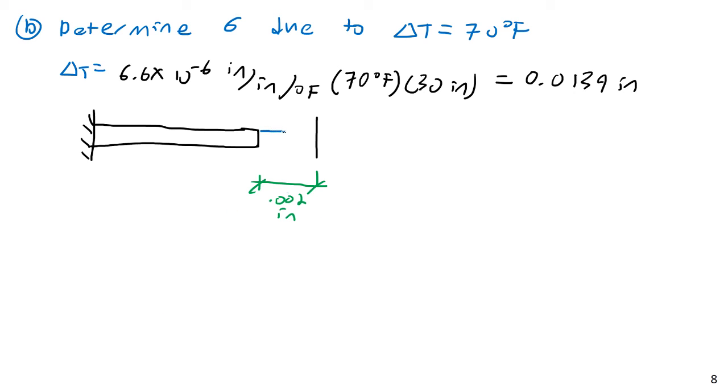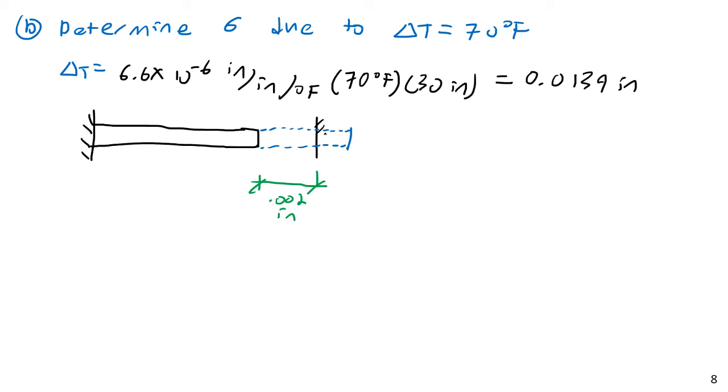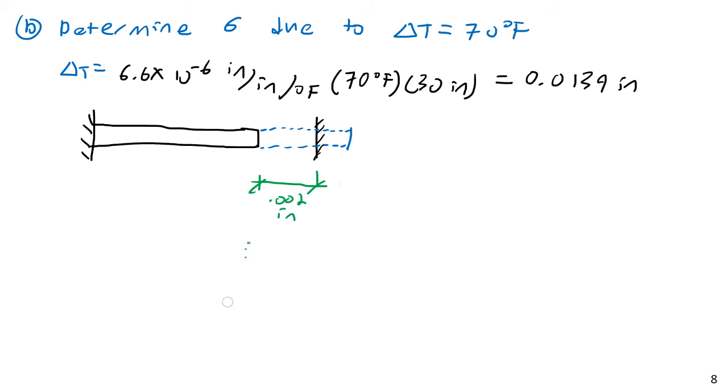If it were completely unconstrained, and let me make clear that this is a rigid wall here with my hash lines here, if the temperature effects had their way, this thing would be deformed outward a full 0.0139 inches here.